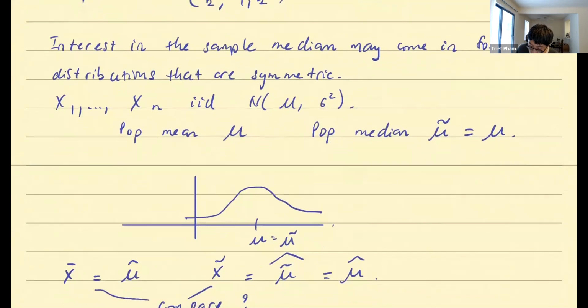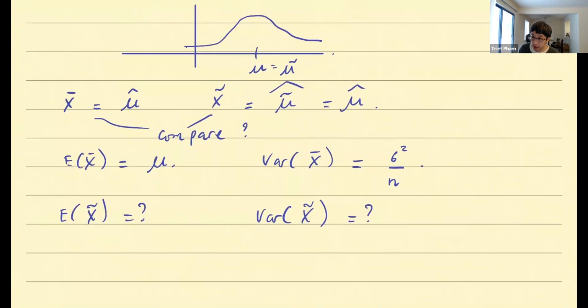On the other hand, for the case of the normal, or where the distribution is symmetric around mu tilde or mu, you can prove, not very difficult, that this is actually equal to mu by symmetry.